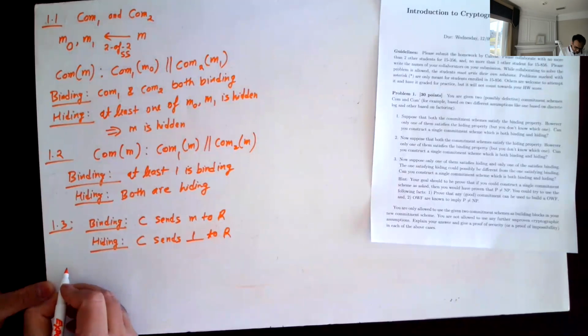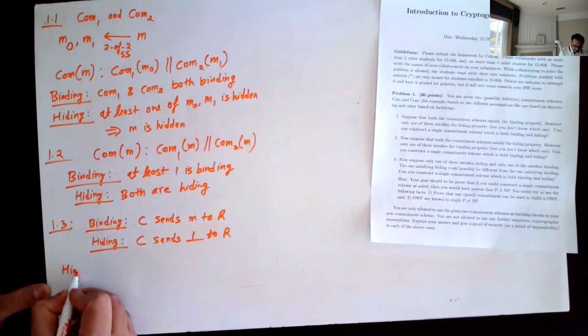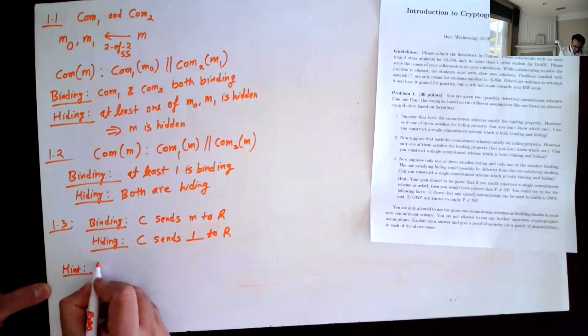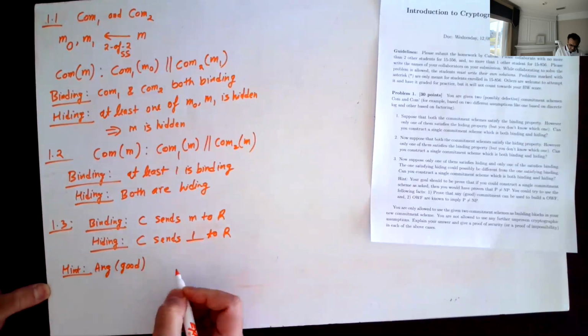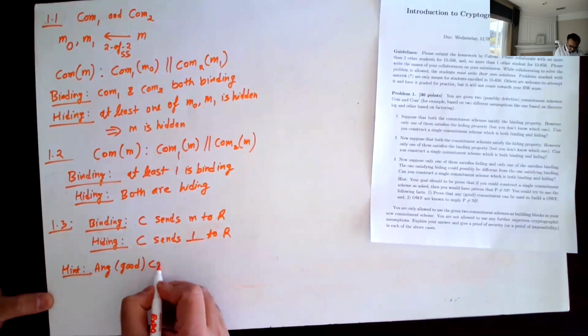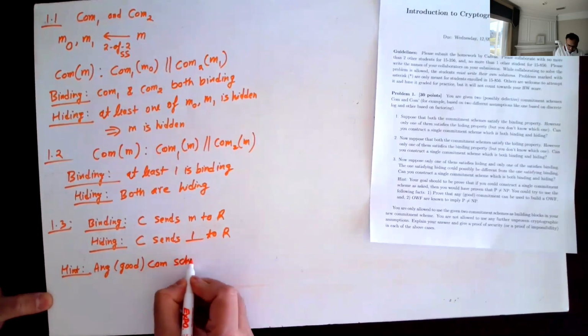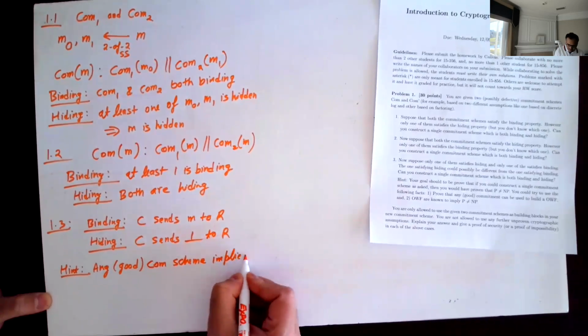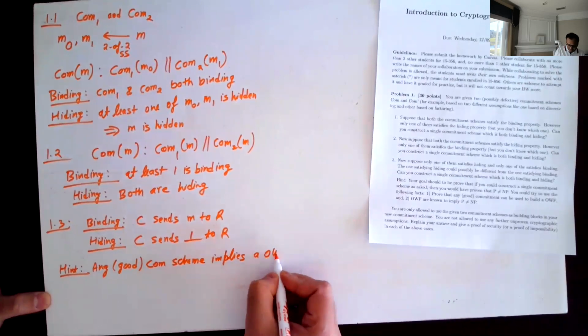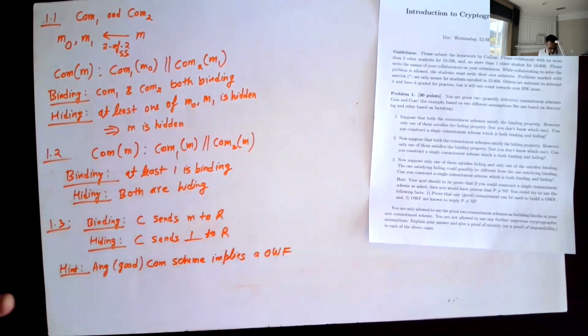So you are given in the hint that any good commitment scheme, both hiding and binding, implies a one-way function.